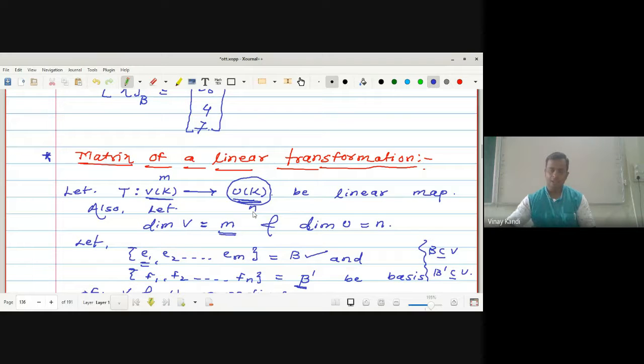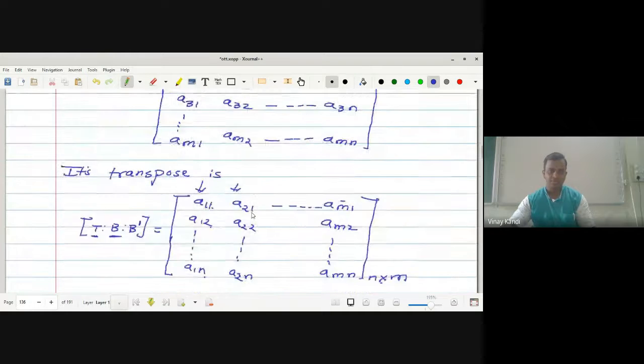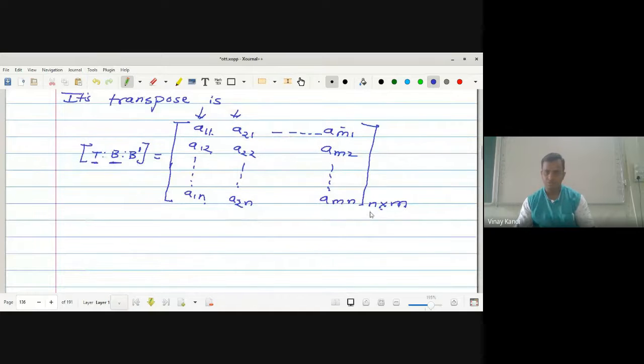So at the end we get n rows. So number of rows is equal to the dimension of the codomain, and number of columns, that is m, is equal to the dimension of your domain space, that is V over K.